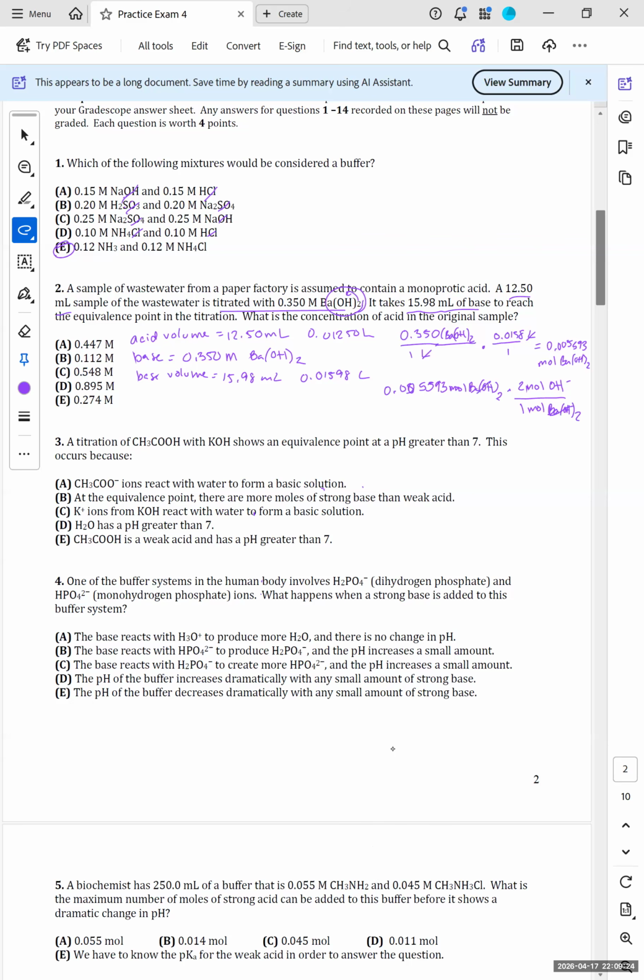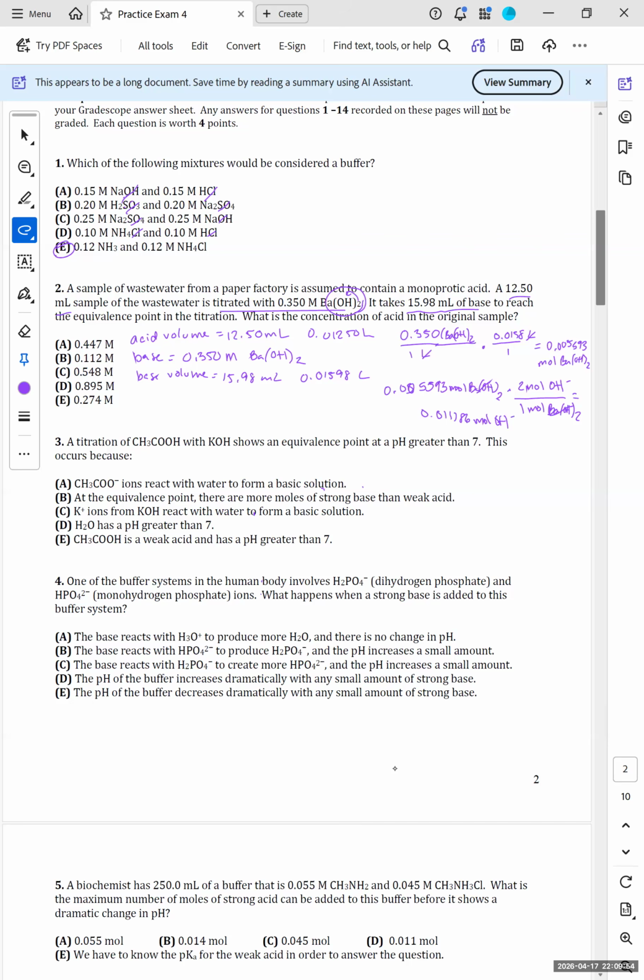These cancel out, and this allows me to get the answer into moles of OH. If I do that math, that gives me roughly 0.01186 moles of OH.